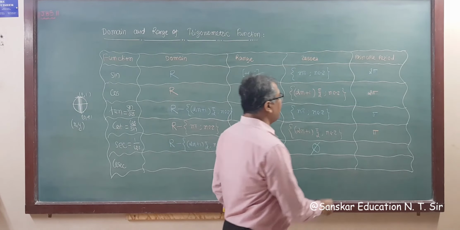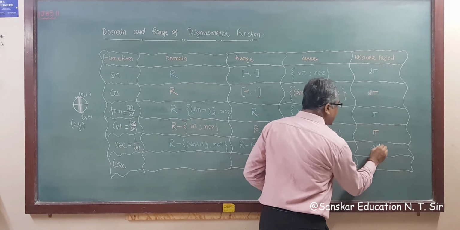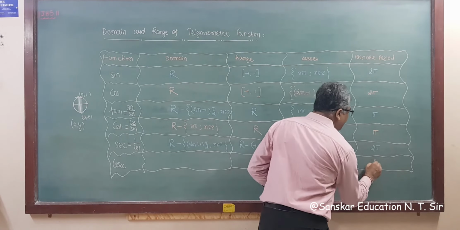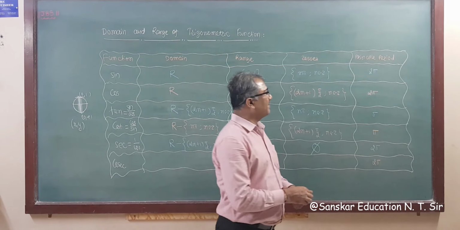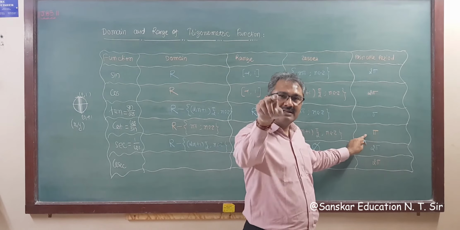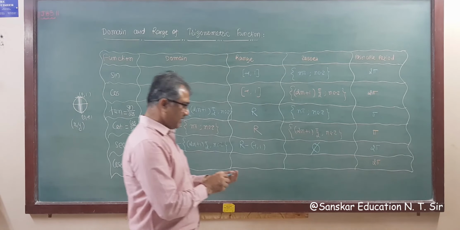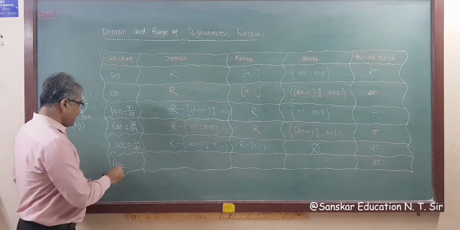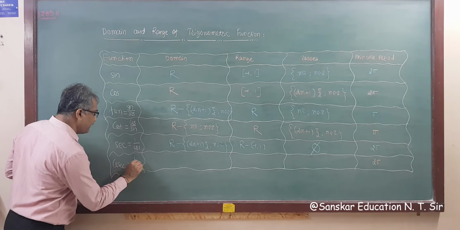The principal period for sec and cosec is both 2 pi. So remember, the principal period for tan and cot is pi, and for all others it's 2 pi.